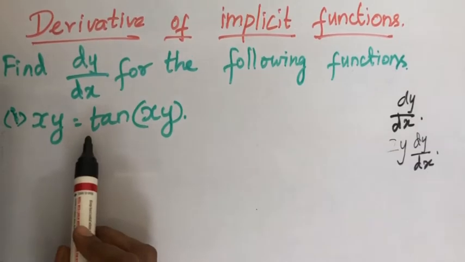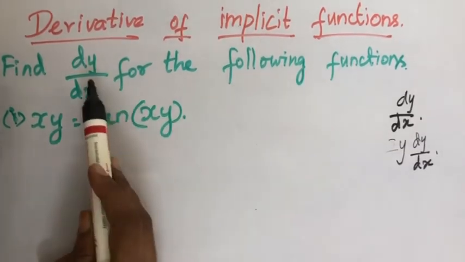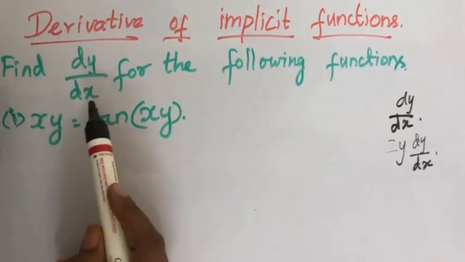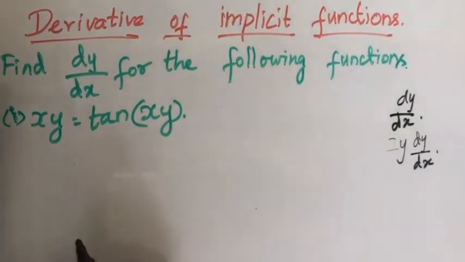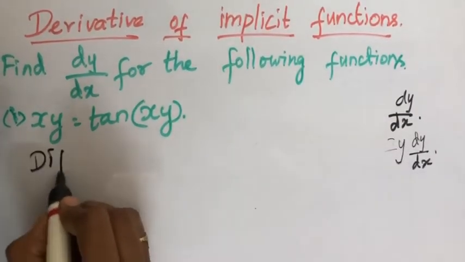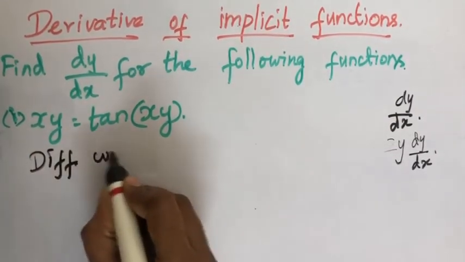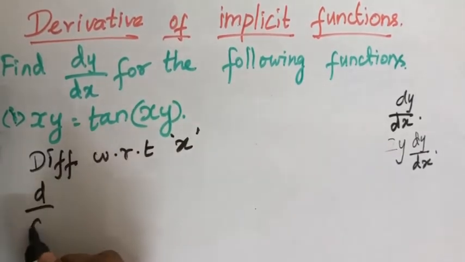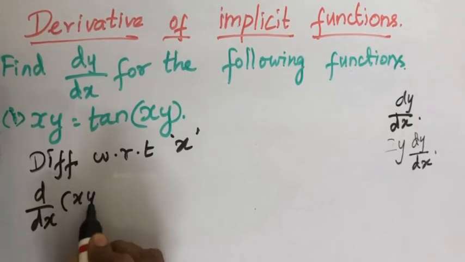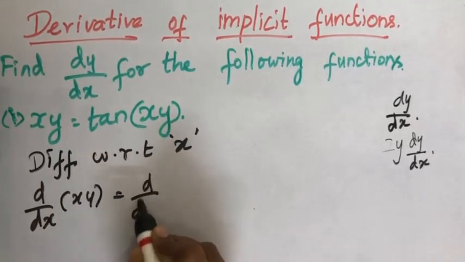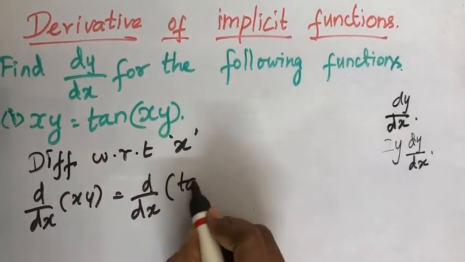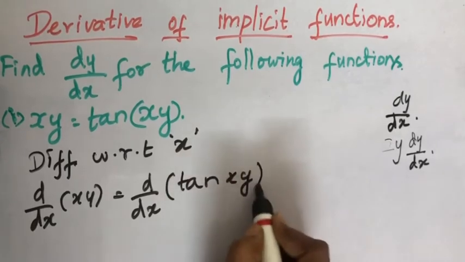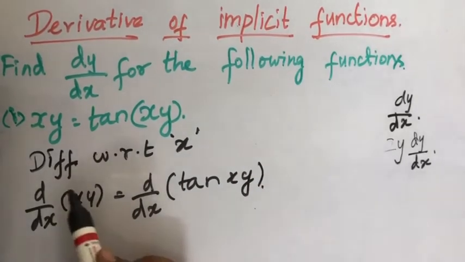xy is equal to tan xy. We have to find dy by dx for this function. So, differentiating with respect to x. d by dx of xy is equal to d by dx of tan xy. We have to differentiate this now.